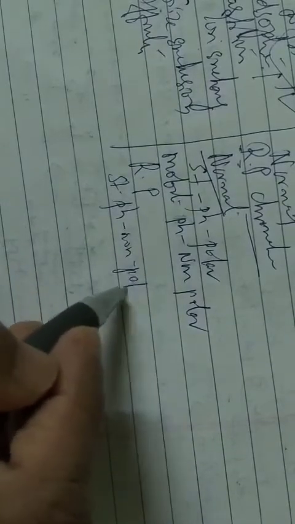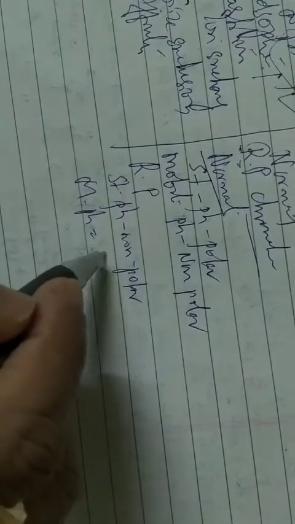Reverse phase chromatography is the opposite. The name itself says reverse phase, that means the stationary phase here is non-polar and the mobile phase is polar. That's why in reverse phase chromatography polar molecules are separated first.